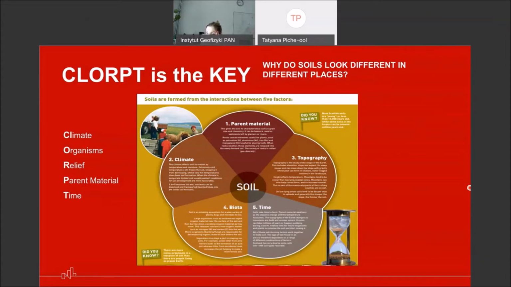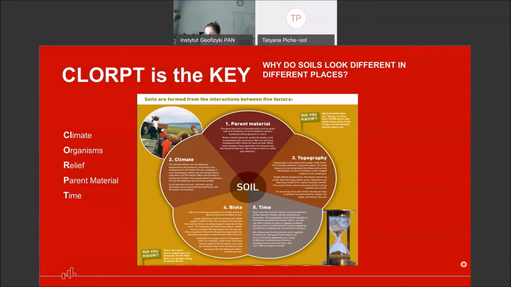Then the temperature and precipitation, which is mostly climate, influence the rate at which the parent material weathers, at which it changes. For example, climate may influence the rate at which dead plants and animals decompose. It's either faster, like in the tropics, or slower, like in the Arctic.